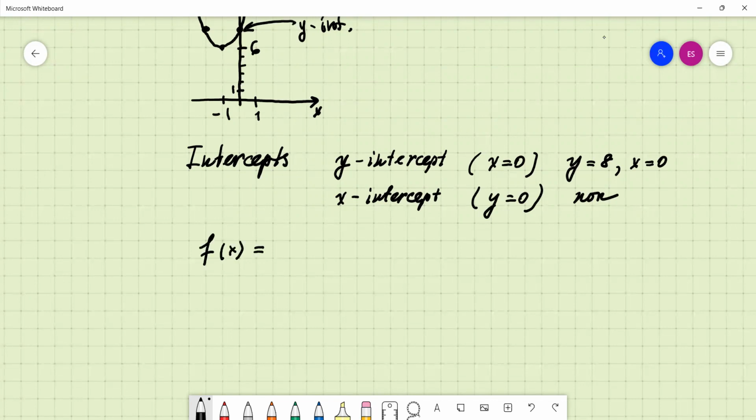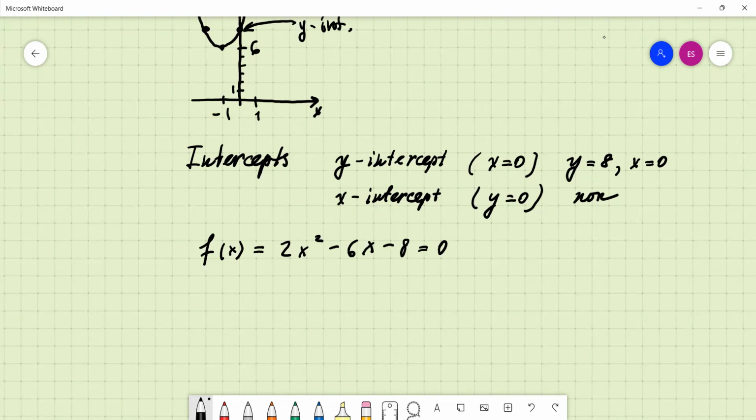F of x equals 2x squared minus 6x minus 8 equals 0. I'm thinking, what are going to be my x-intercepts? Well, what I'm going to do, guys, I'm just going to use a formula.